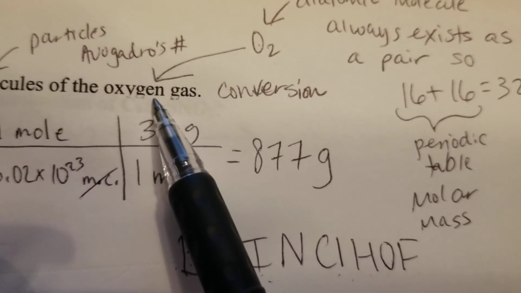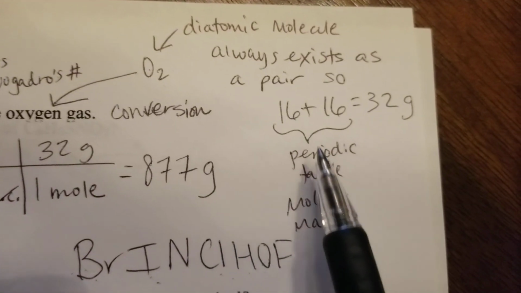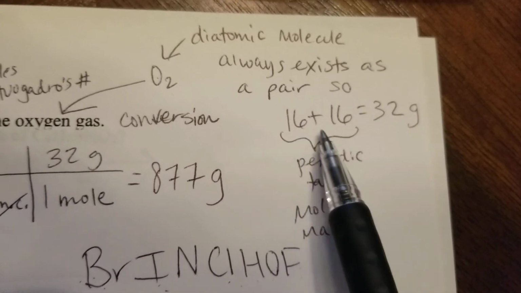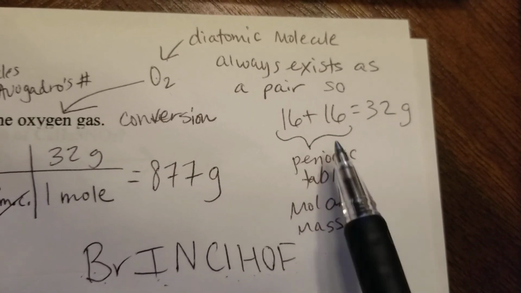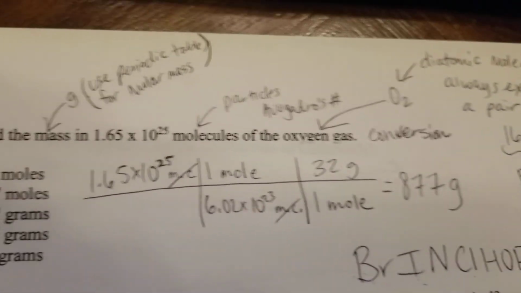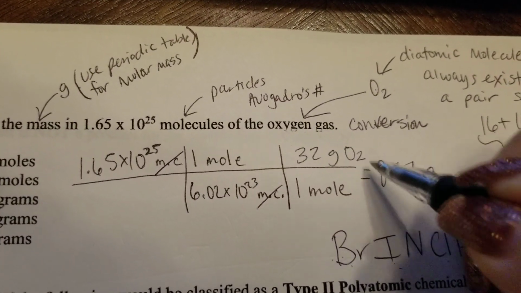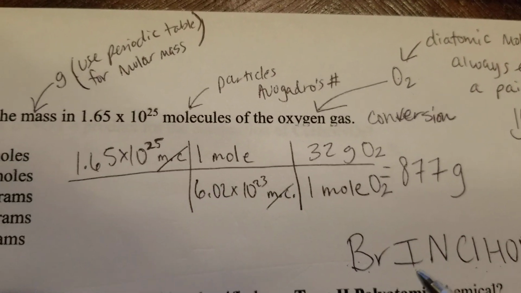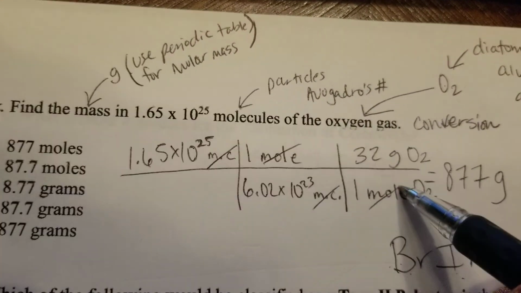To get the molar mass of oxygen gas, you have to add up 2 O's. You look at the periodic table, oxygen is 16, right? 16 plus 16 is 32. So from the periodic table, the molar mass of O2 is 32 grams. When I set it up, there are 32 grams of O2 in 1 mole of O2. And why did I set it up that way? Because I need the moles to cancel.